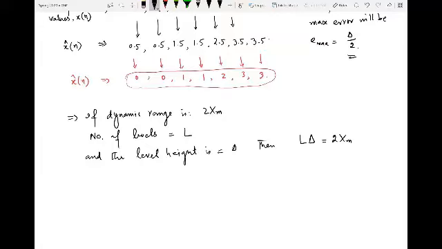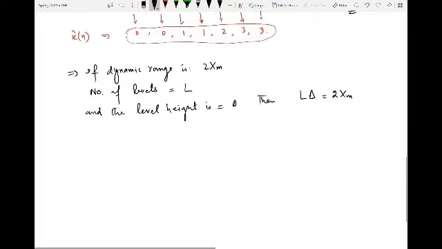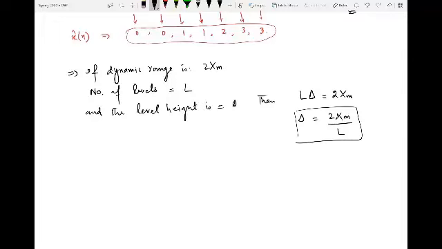Number of levels multiplied by height of each level gives the complete dynamic range, which is 2xm. It means delta is equal to 2xm divided by the number of levels, right? This is a very important equation in the design of ADCs. It gives you the level height in terms of the dynamic range and the number of levels.